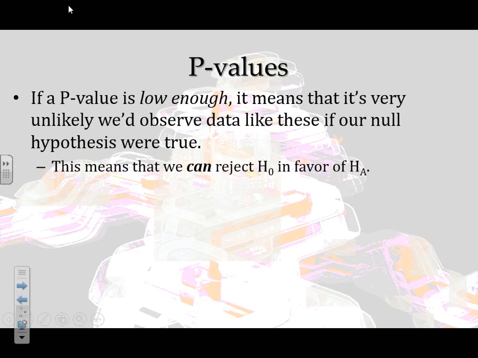Okay. What that also means then is if we get a p-value that's low enough, and the key word here is low enough, it means that it would be very unlikely for us to find this particular sample value if our null is actually true.